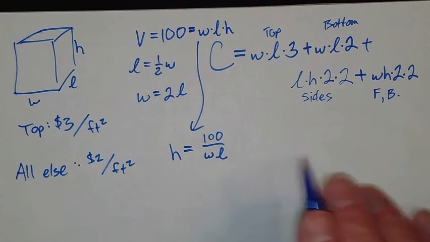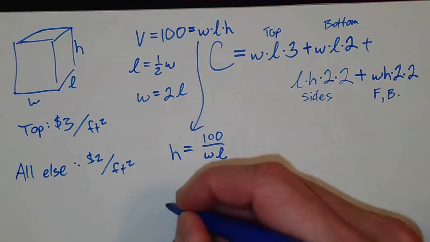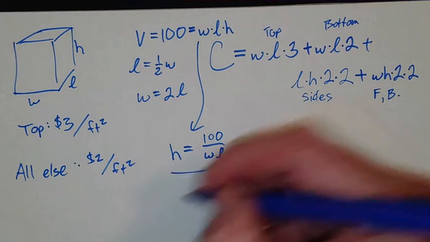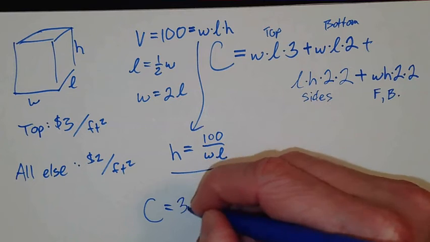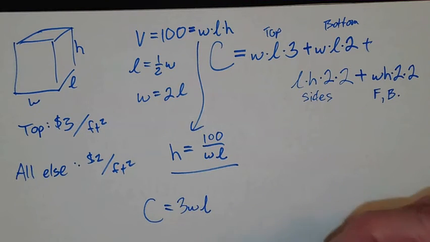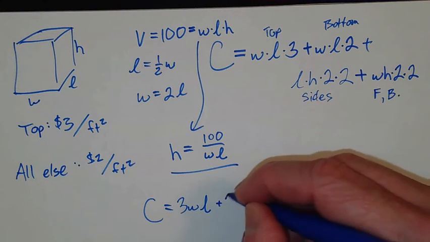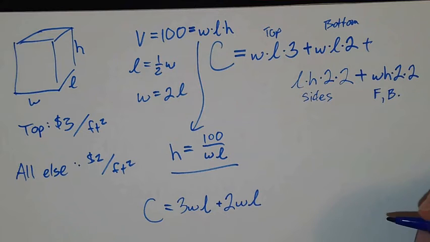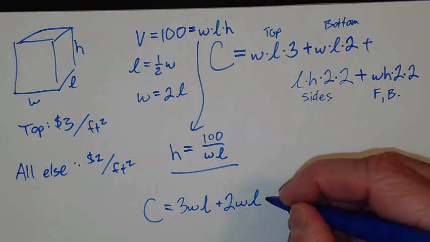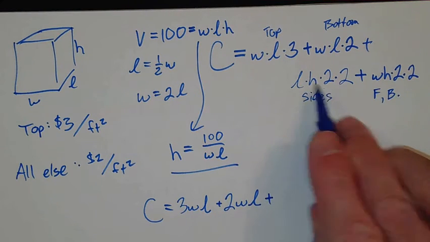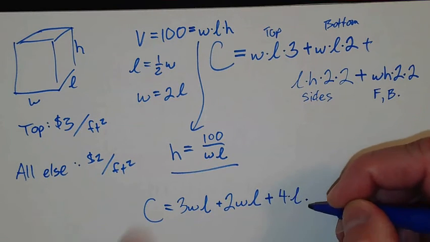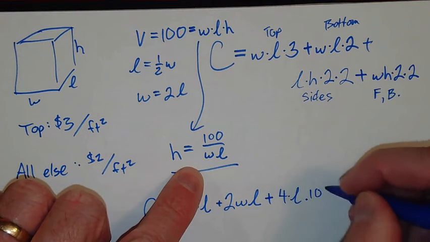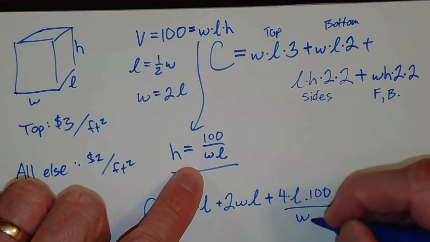Actually doing that process, my cost equation, after doing this replacement first, I've got 3WL plus 2WL. So far I'm not doing anything. Plus I've got 4LH. So I'm going to say 4L, and then here I'll replace that H with 100 over WL.